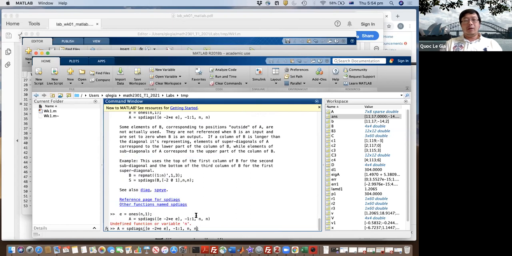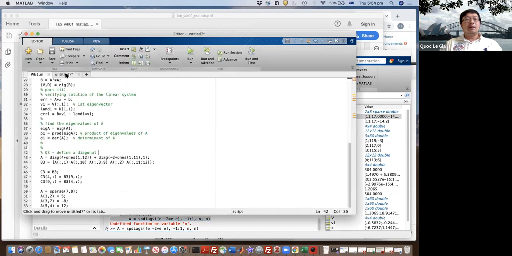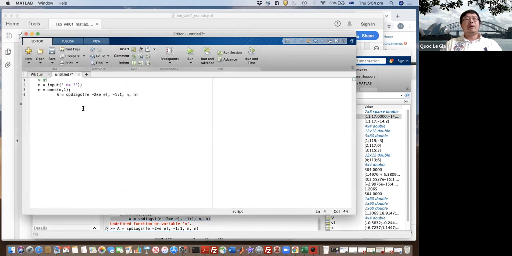Well, maybe here we have to say E is... we just cut and paste this into our script, because N is input right here. Now suppose I type in this command, I save this, and I run this.